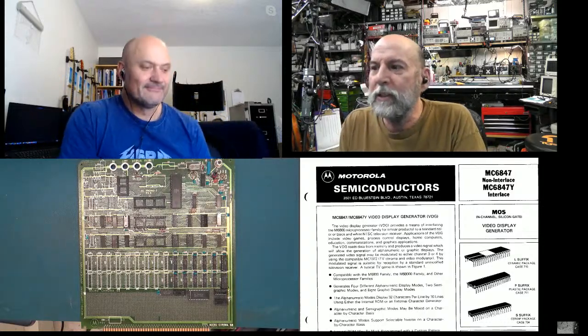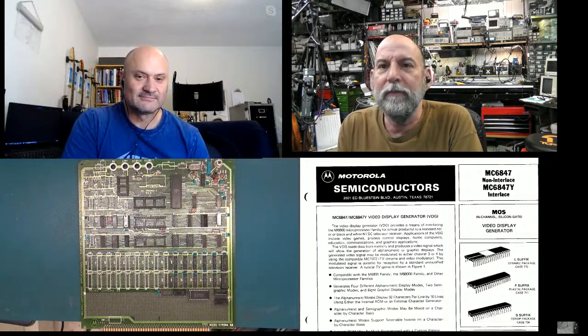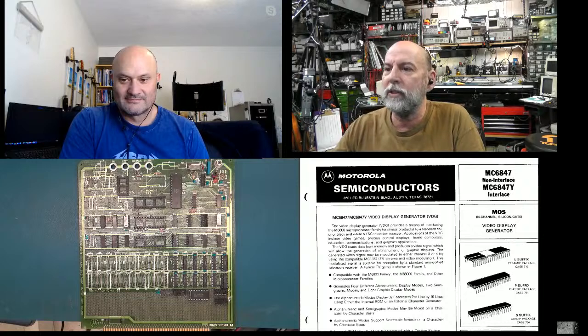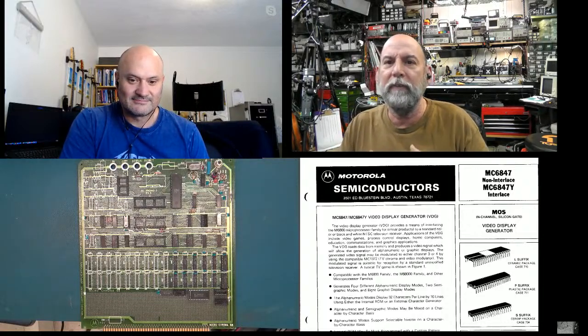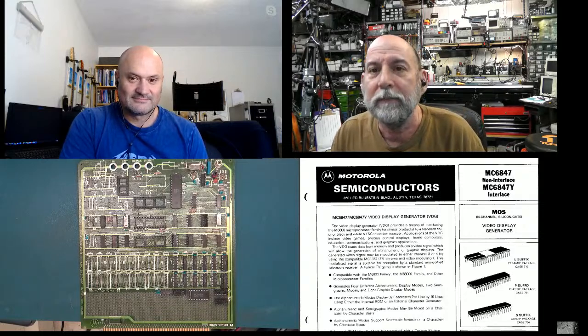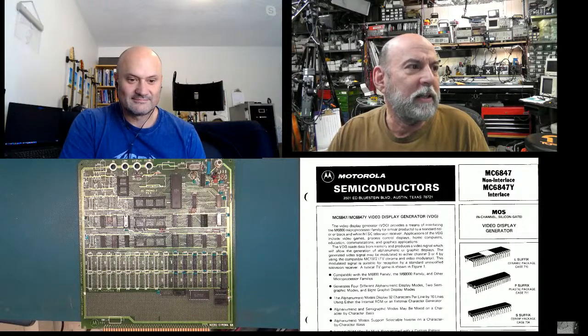But it's a true NTSC output for video display. So it's got its own color crystal and all of the things you need to encode video onto a carrier.